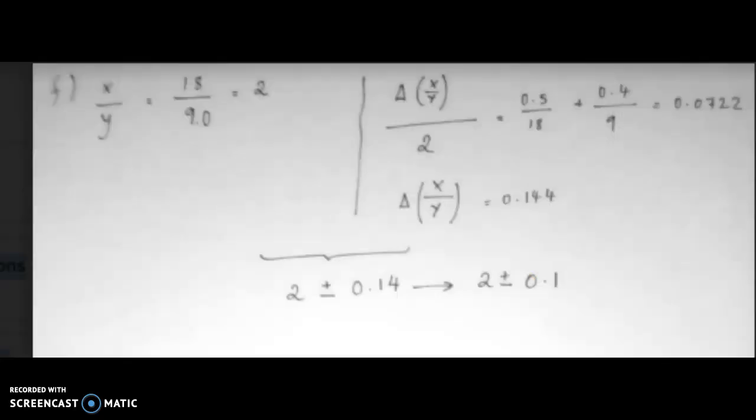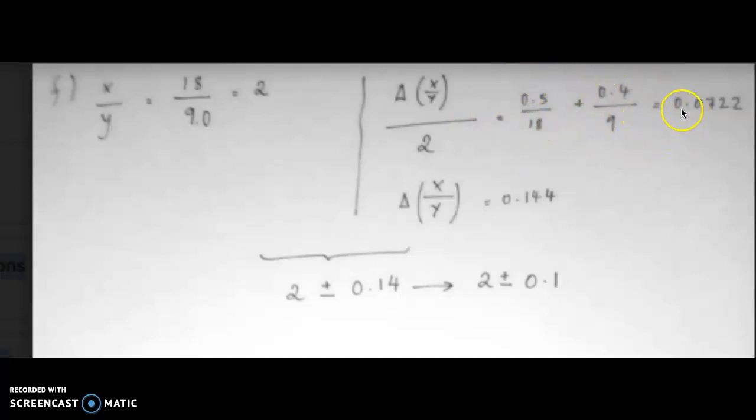Okay, let's try the next one, which is x divided by y. So now in this calculation, you're going to do something completely different. You're simply going to take 18 divided by 9, which gives you 2. But our uncertainty calculation is actually the same, in the sense that we're still using the fractional uncertainty: delta of x over y will be equal to the fractional uncertainty in x plus the fractional uncertainty in y.